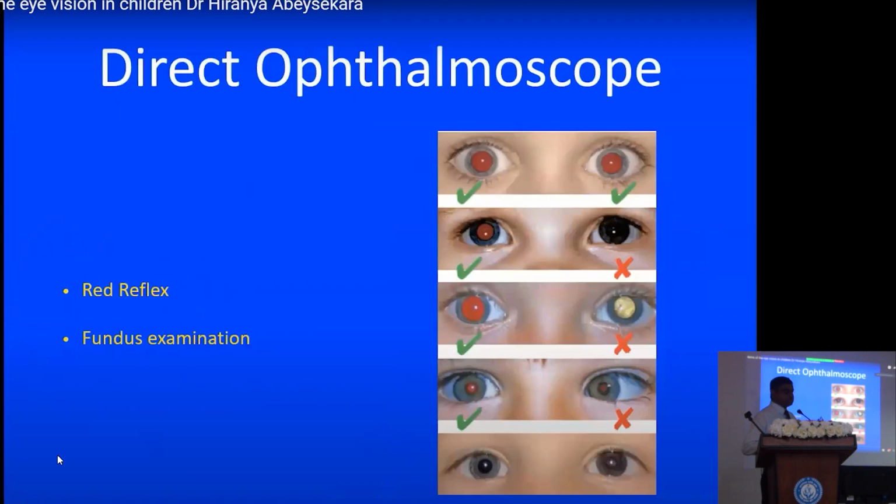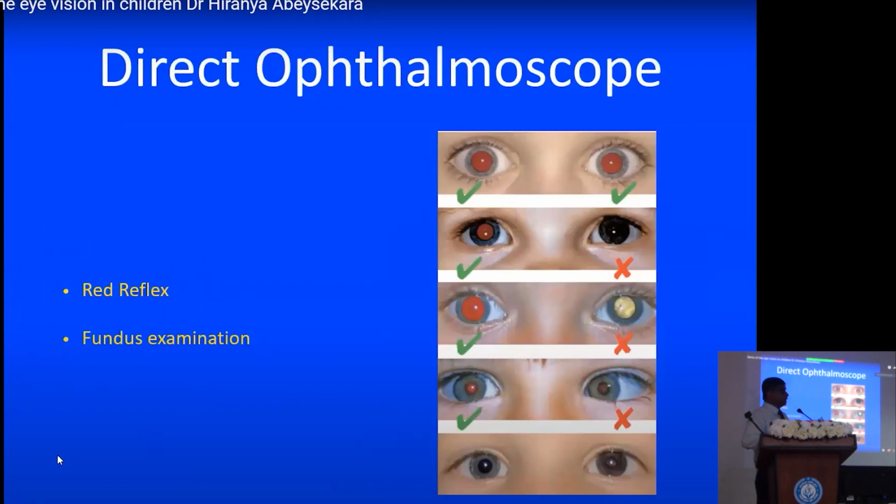To know whether there is a murmur or not in a newborn, you should have examined many other kids or adults beforehand. This is also something like that. So using the ophthalmoscope to examine the red reflex in older kids or older people is important to develop the skill. Only then do you develop the ability to examine the red reflex in a newborn, which is a mandatory examination in the newborn examination.